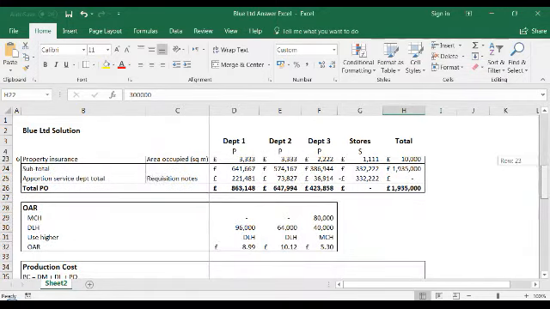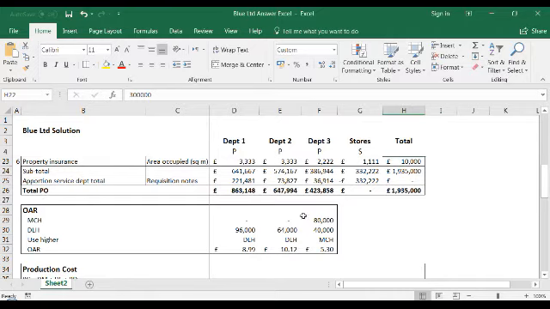Now we are ready to work out the overhead absorption rate. Now we have got the overhead figures for the 3 production departments. We have to decide whether we need to divide it by total number of machine hours or by total number of labor hours. So the rule is that whichever is higher, we will use that.